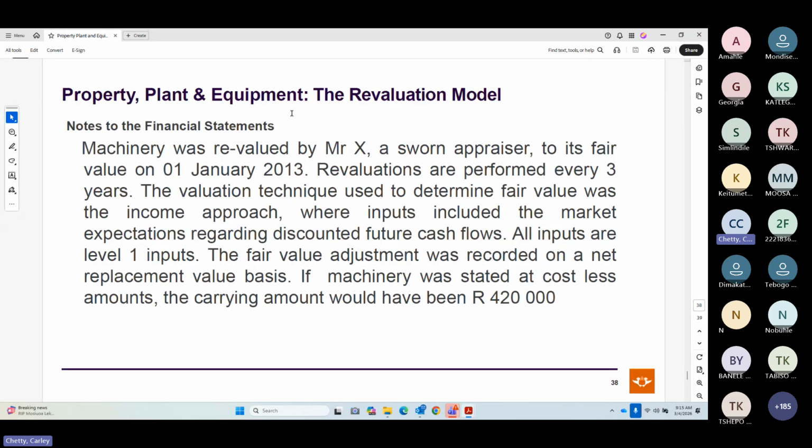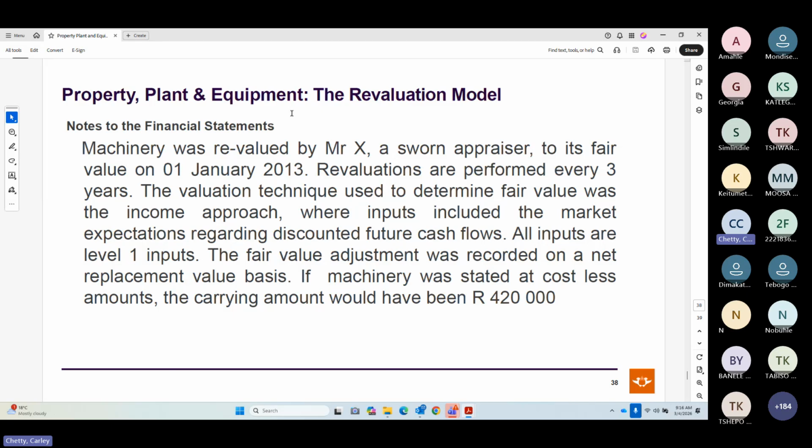So they're telling us now about the revaluation. So they're saying that the machinery was revalued by Mr. X, a sworn appraiser, to its fair value on 1 Jan 2013. So revaluations are performed every 3 years. That was given in the scenario.